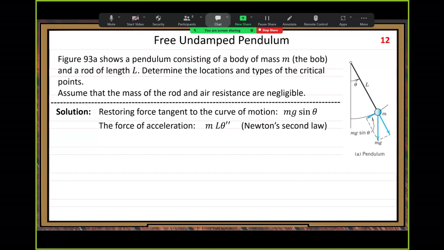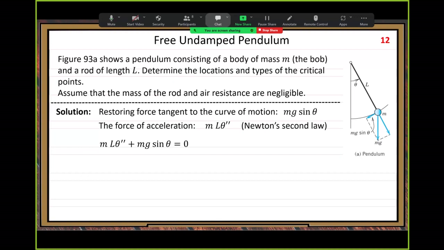This is Newton's second law, which equals this force, but we must consider the direction.